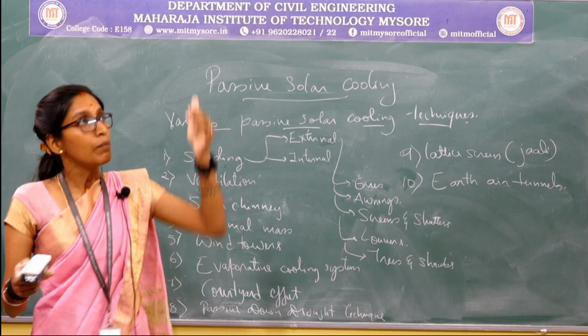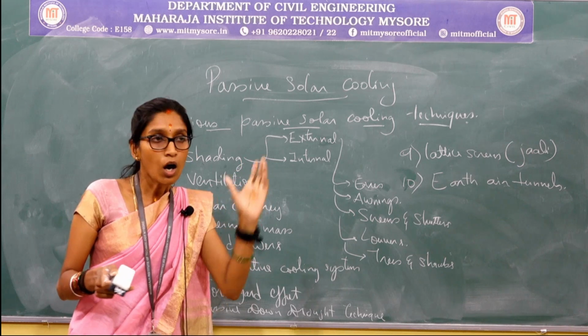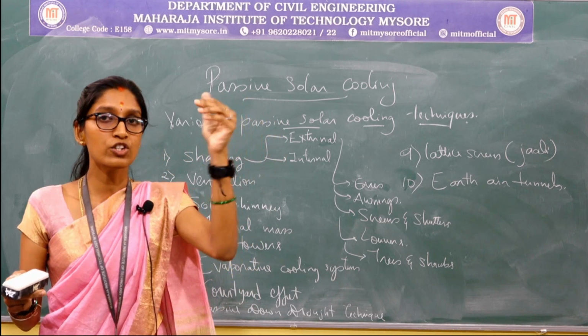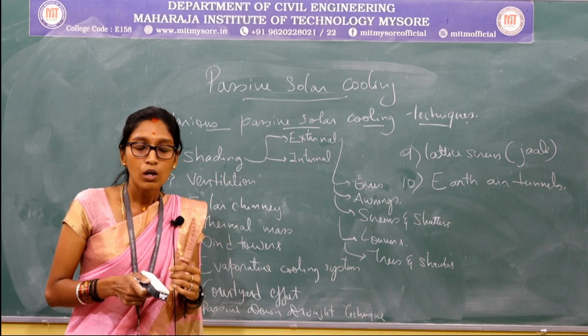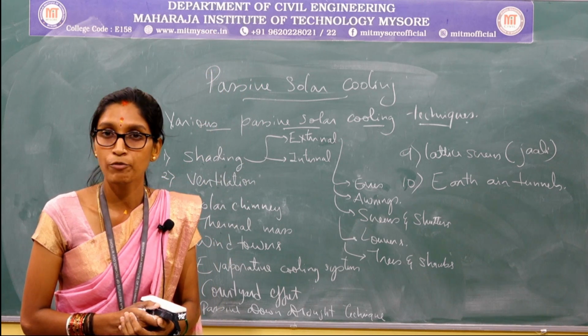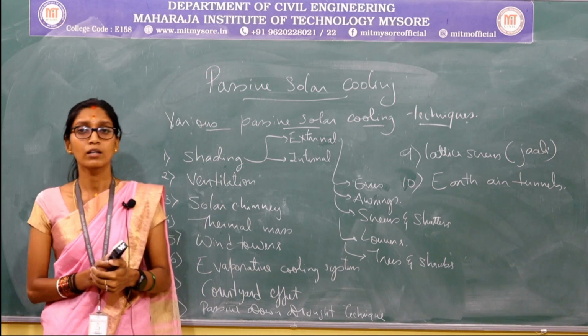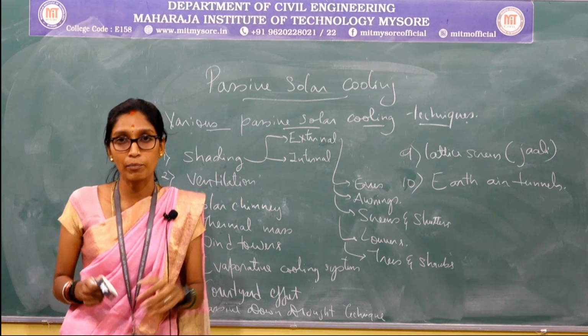By placing the vents at different elevations or in a different orientation from where the wind is going to blow, or depending upon the dimensions of the vents that I have provided in a particular building, this exchange of air is going to happen.